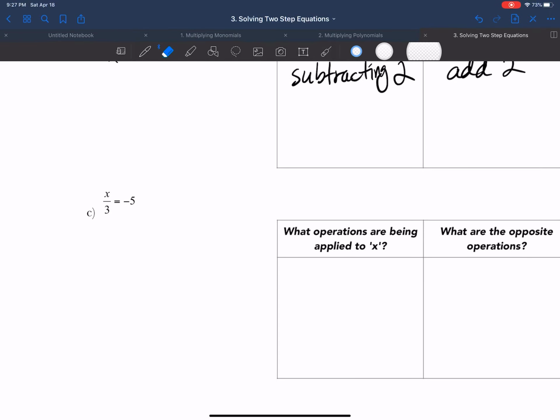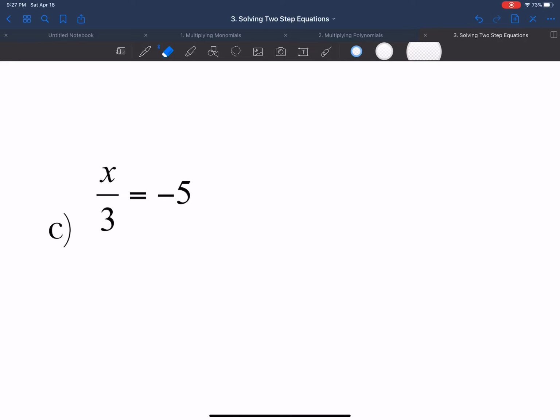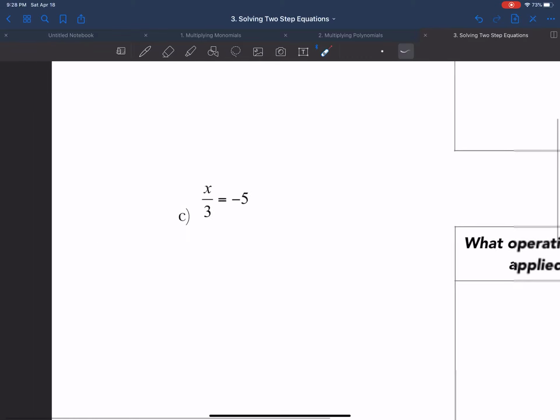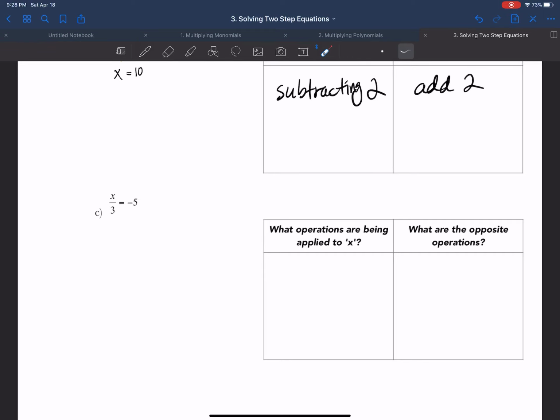So now here what we're looking for is something divided by 3 is equal to negative 5. So the way we do that is we want to isolate x.